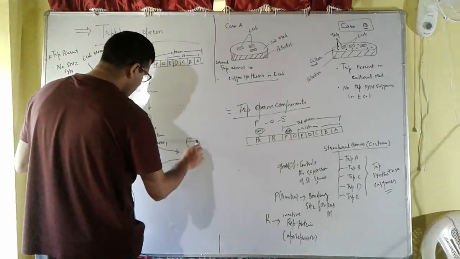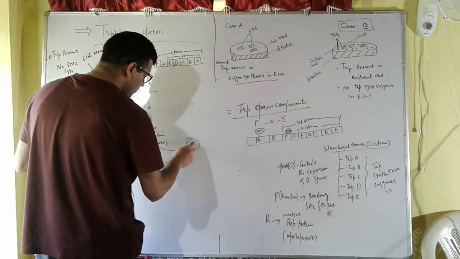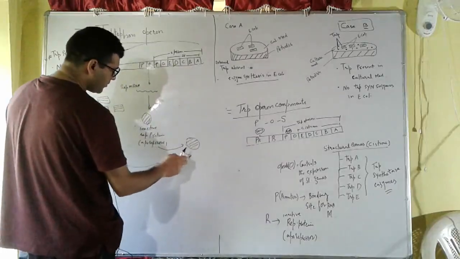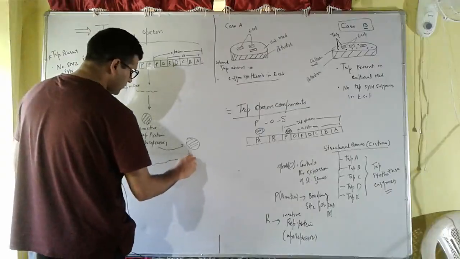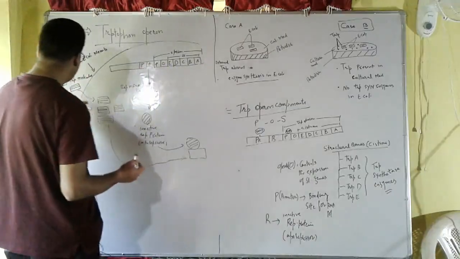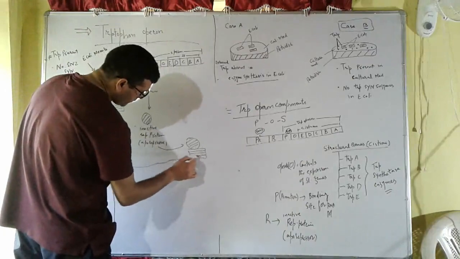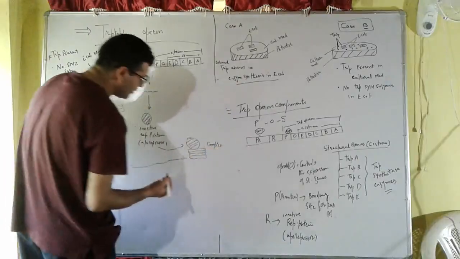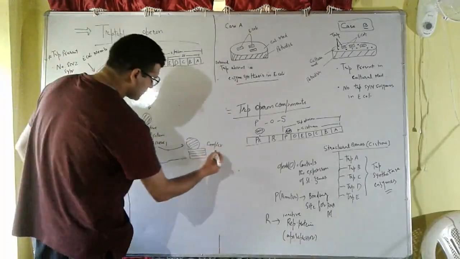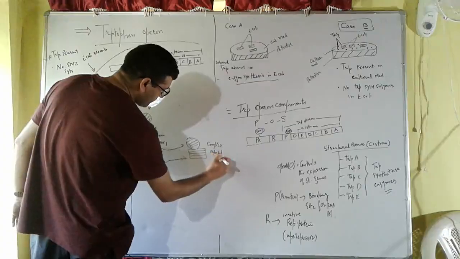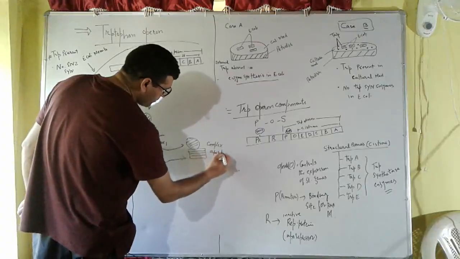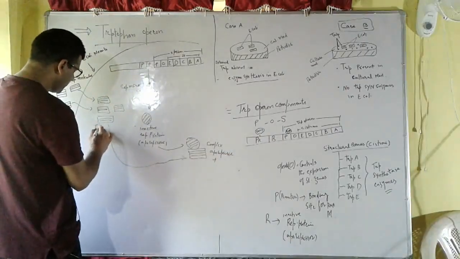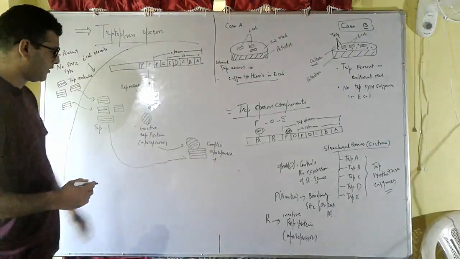This is the inactive repressor protein, and this is the tryptophan molecule. So it is a complex of inactive repressor protein, what is called aporepressor, plus tryptophan.